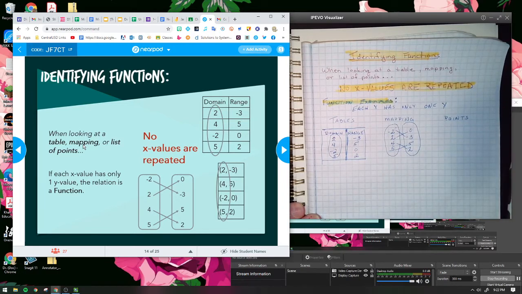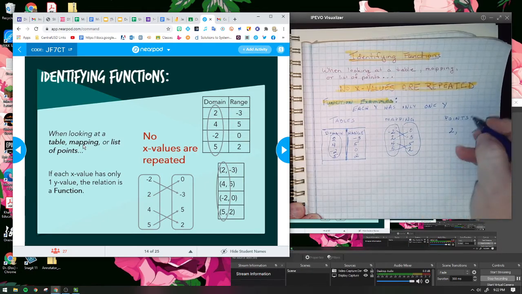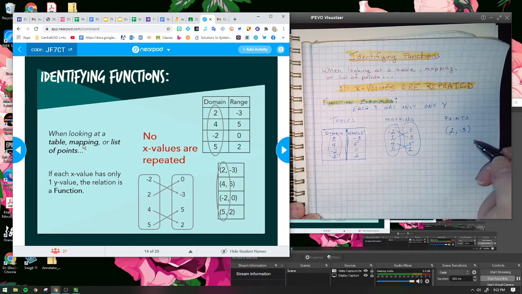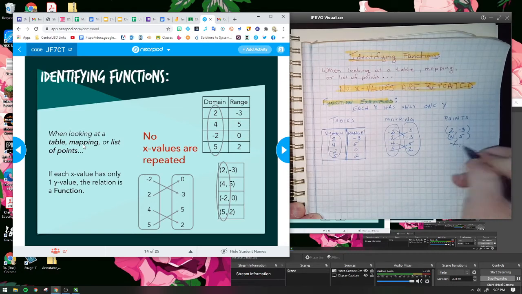Now we have our sets of points. These are our ordered pairs. I have (2, -3), with parentheses around it telling me it's an ordered pair, then (4, 5), (-2, 0), and (5, 2).